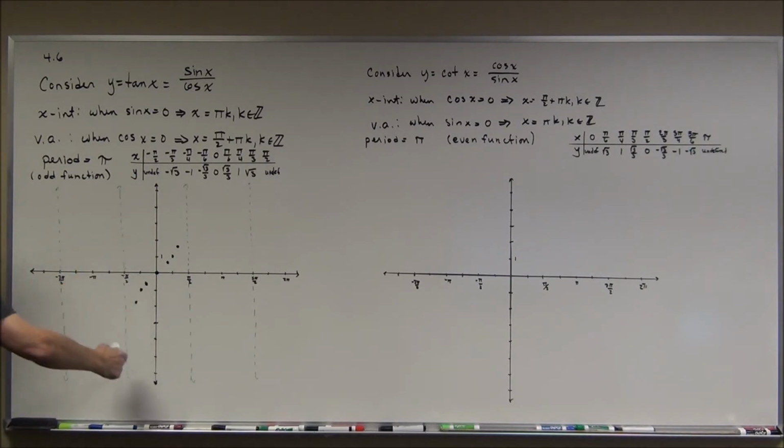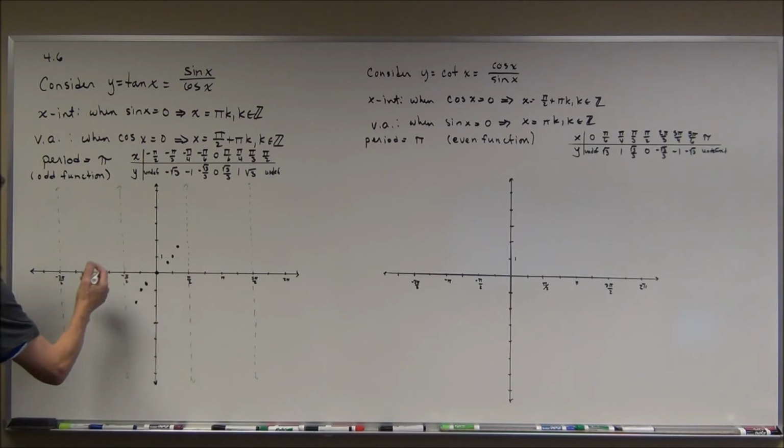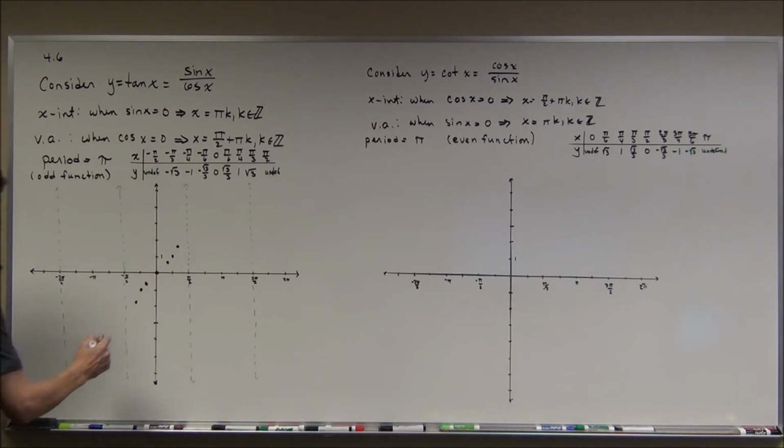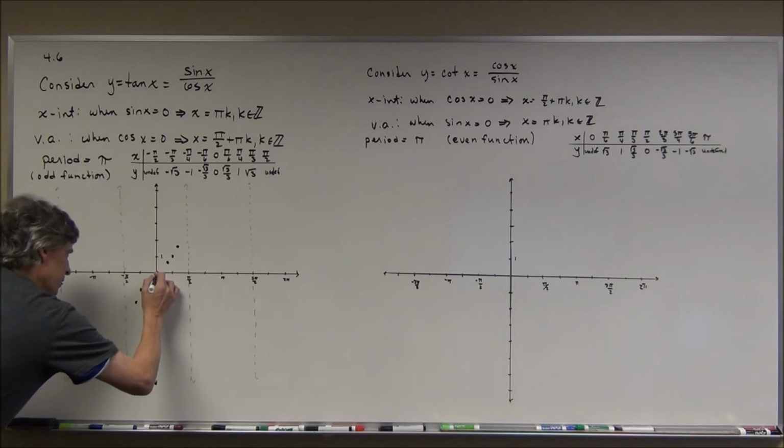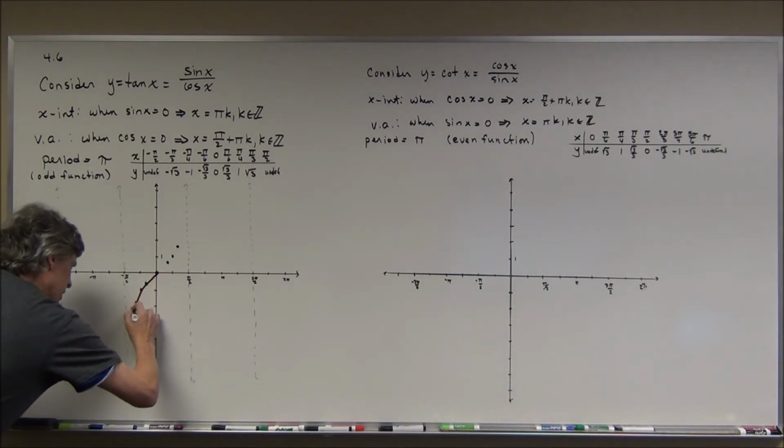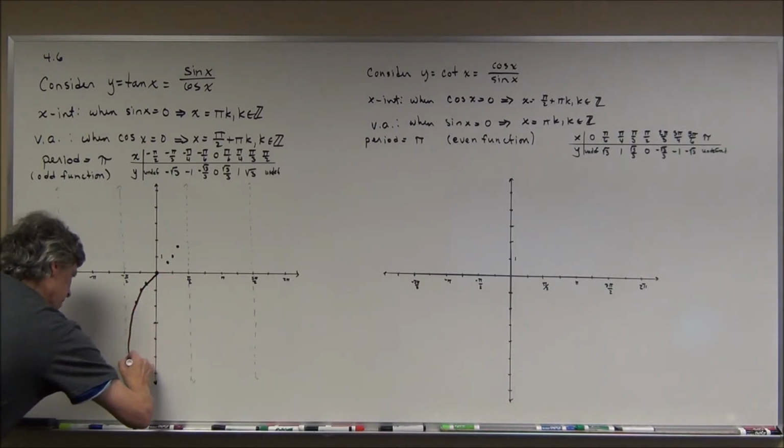What happens is, remember, these are asymptotes here. Your graph is going to kind of approach the asymptote the closer your x value gets to negative pi over 2 from the right or pi over 2 from the left. And so you get a graph, remember it's symmetric to the origin, that does something like this.